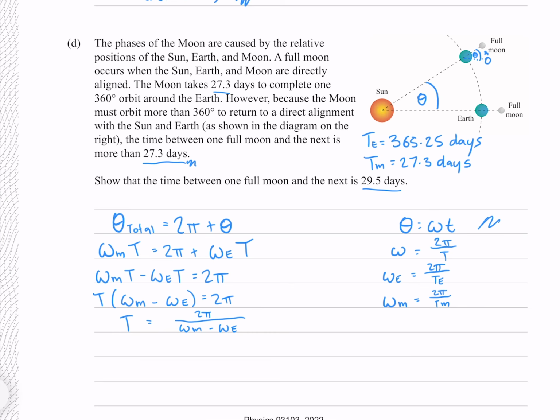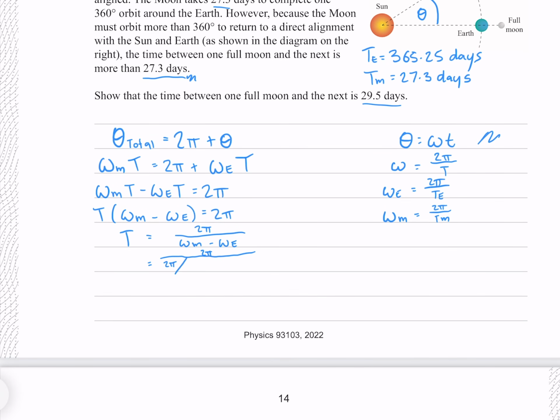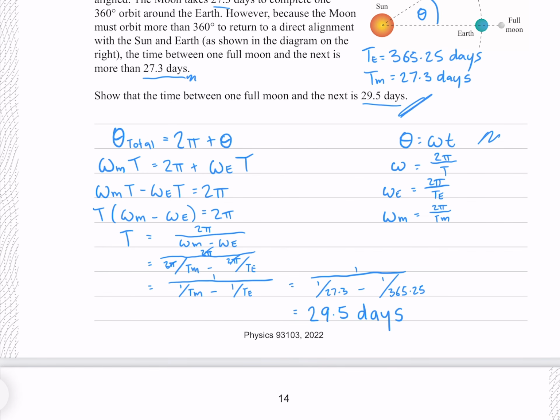Making that substitution, dividing our 2π out, and now putting in our numbers. Gives me 29.5 days to 3 significant figures, which is what we're trying to find. And we're done.